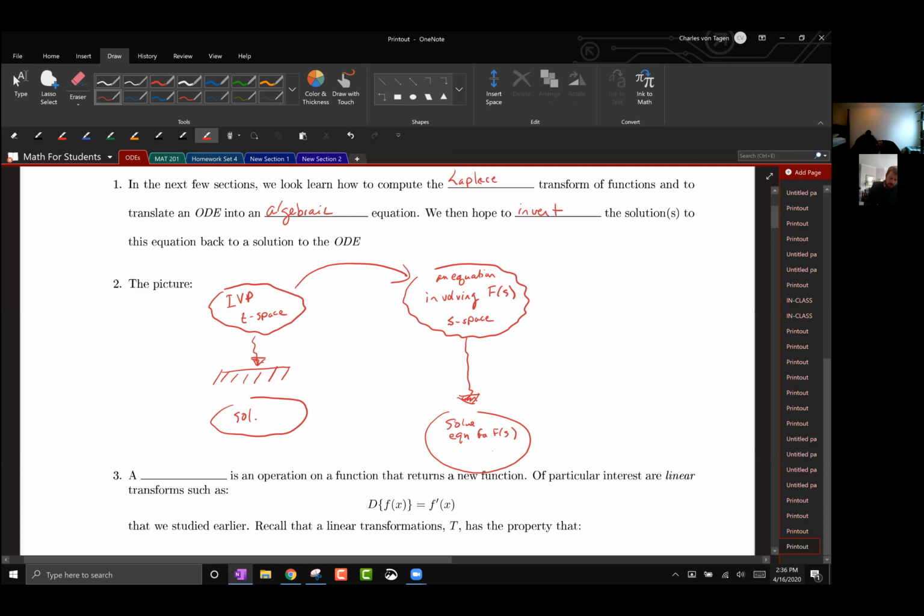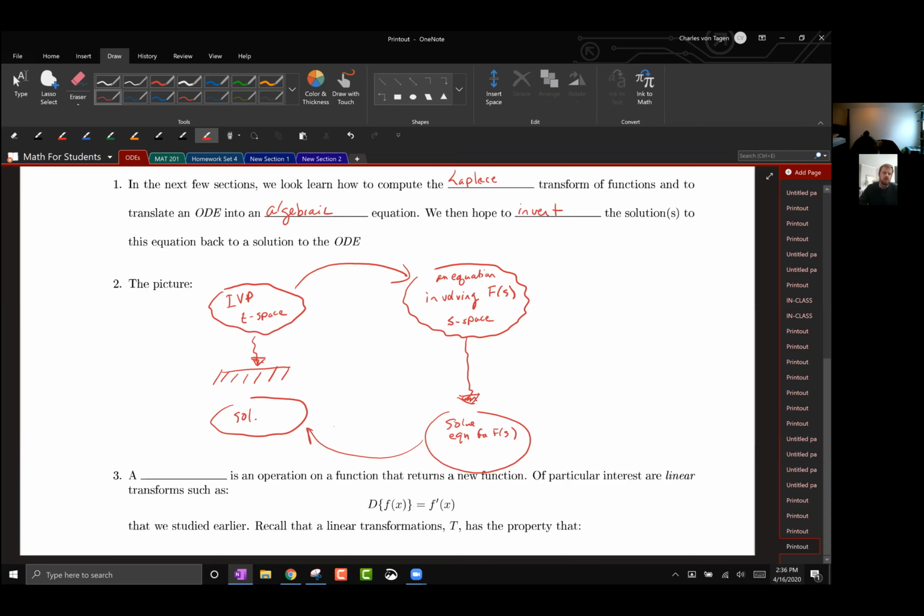And then we'll take that solution that we get and transform it back into our solution space. So let's go ahead and put some vocab. Really what we're interested in right now and what we're going to focus on today is these two arrows that I've just drawn.